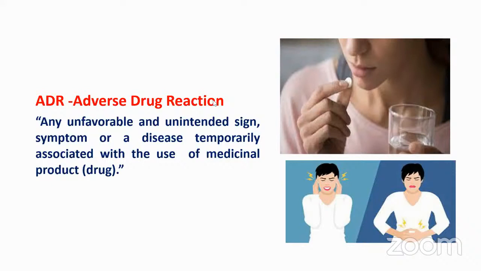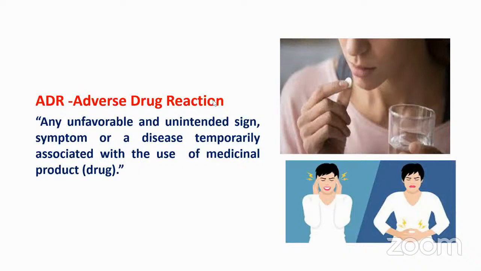These adverse drug reactions are unfavorable because fever is not favorable to our body, a rise in temperature. These are unfavorable and unintended signs, symptoms. It may be symptoms or a temporarily associated disease. Sometimes the adverse drug reaction may develop into a disease. First day it may be a fever, but later on it may go to flu.